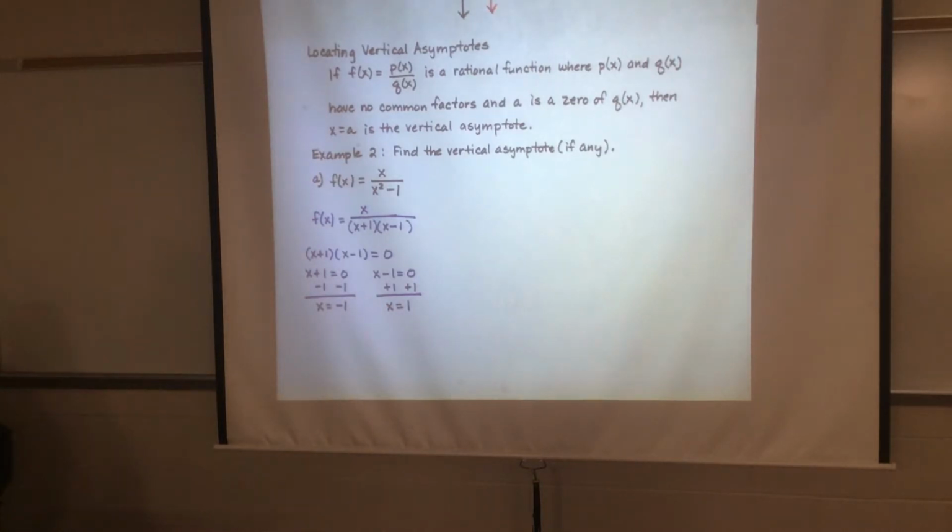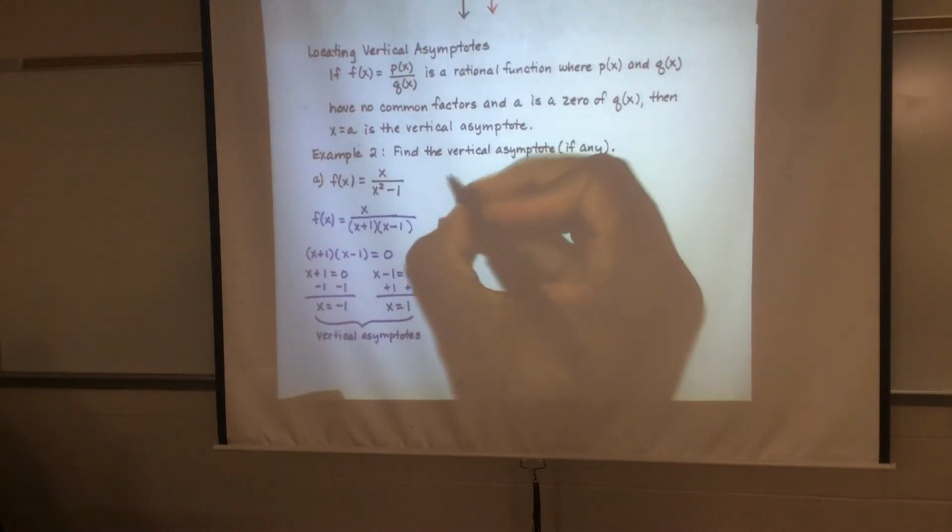So these are my two vertical asymptotes here. X equals negative 1 and x equals 1. Those will be the two vertical dotted lines that will be crossing the x-axis at 1 and at negative 1. Okay. So that's part A.